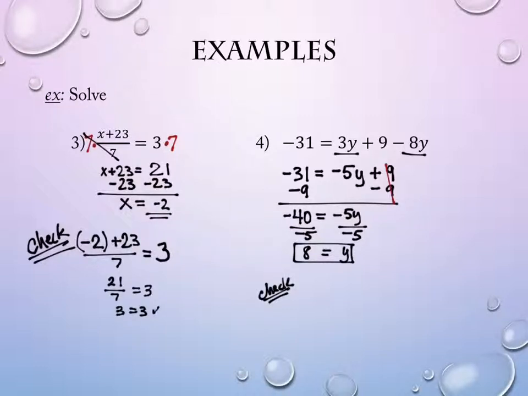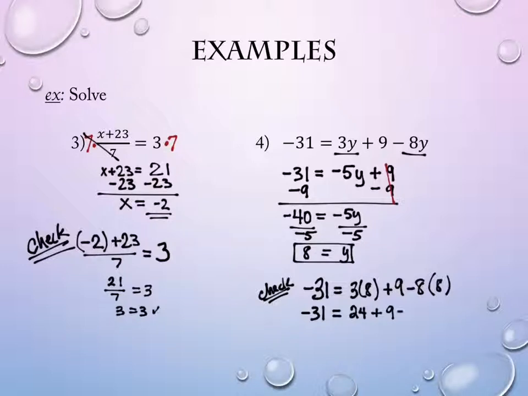Okay, so to do this check step, you go back to the original equation. There's -31 equals 3 times 8 plus 9 minus 8 times 8. Lots of 8s in this problem. What's 3 times 8? 24. I have a plus 9.